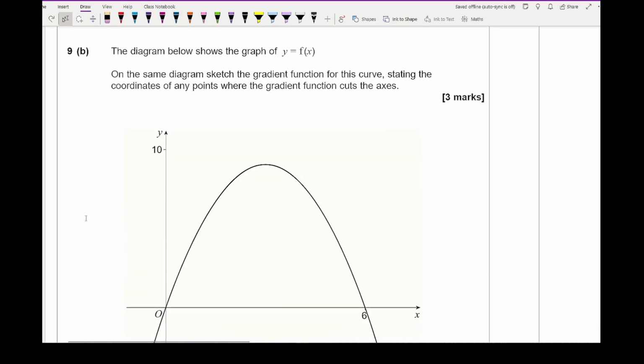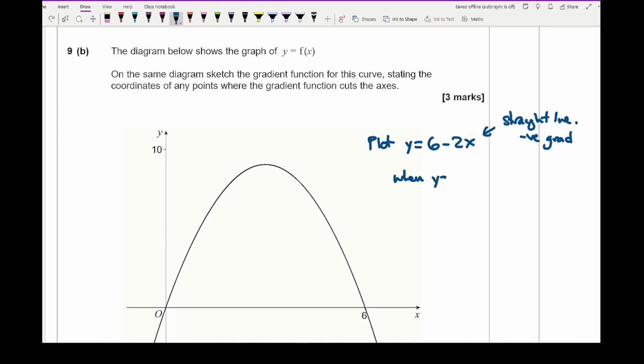Moving on to 9b, it says the diagram below shows the graph of y equals f of x. On the same diagram, sketch the gradient function of this curve, stating the coordinates of any points where the gradient function cuts the axis. So what we need to plot is y equals 6 minus 2x. We know it's going to be a straight line with negative gradient, so we just need to find the intercept points.